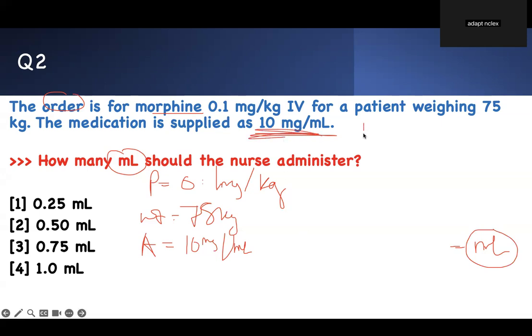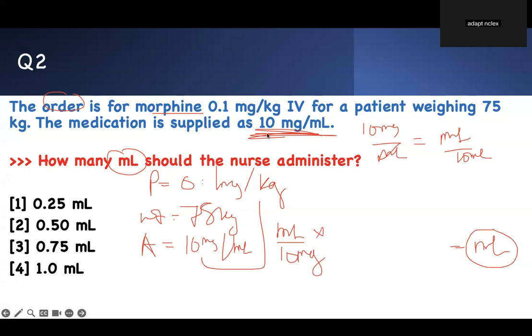Therefore, 10 milligram per ml is the same thing as ml over 10 milligram. Don't forget that. Therefore, what are you going to do? I'll put ml on top and I have 10 milligram. I just flip it so that my answer choice will be ml.